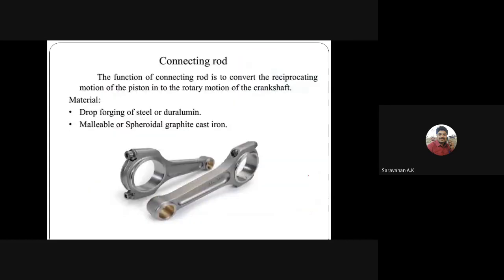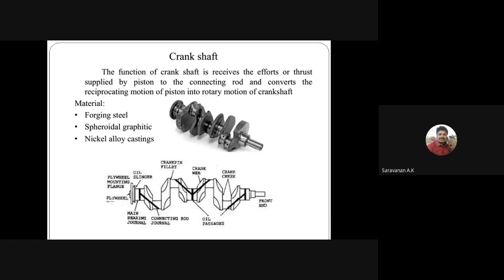Then the connecting rods will be made of forged steel or duralumin or a malleable cast iron, spheroidal graphite cast iron. Then the crankshaft is forged steel or spheroidal graphite cast iron or nickel alloys.